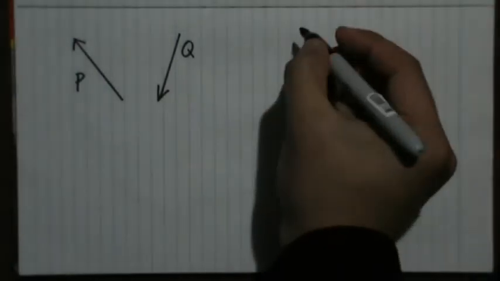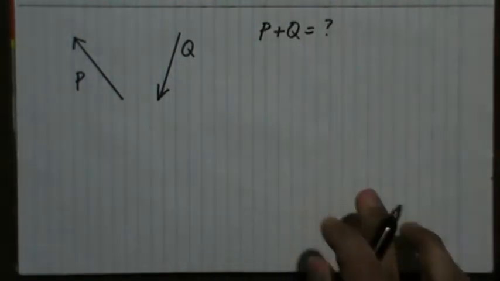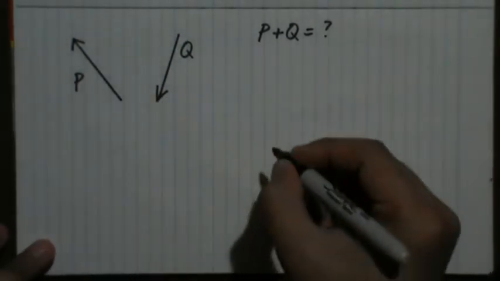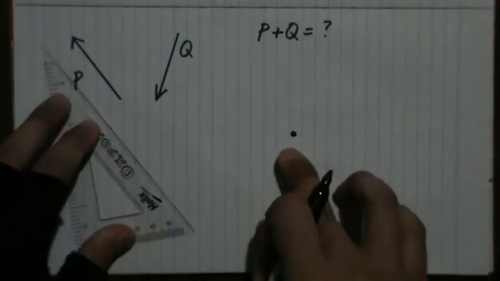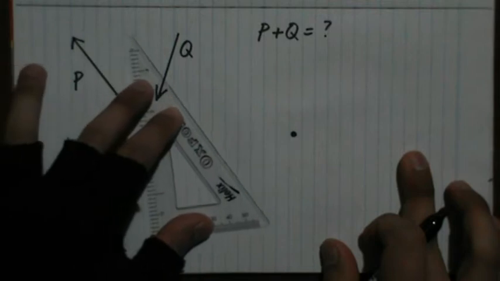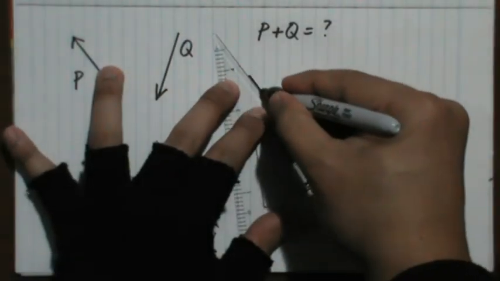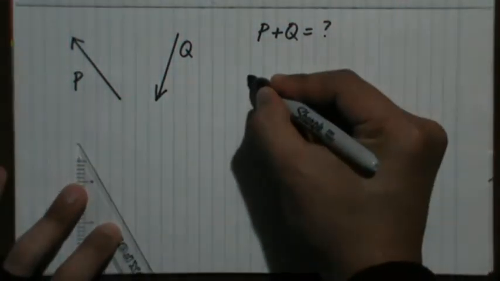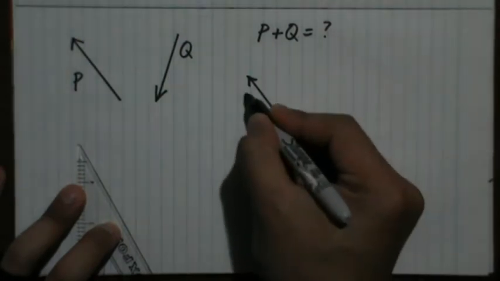Now we have vector P and Q. So how do we add these two vectors using the parallelogram method? So first we put their tails at the same point here, and let me move this vector, and this must be parallel with the original vector and have the same magnitude.